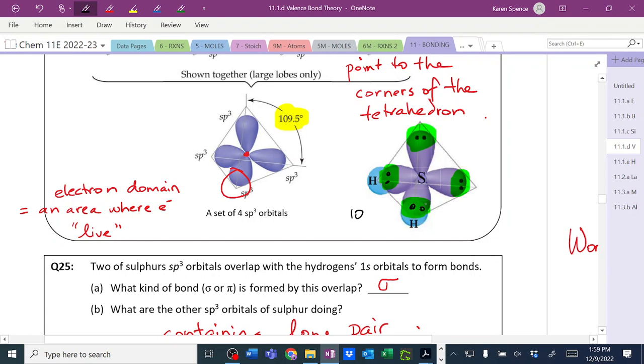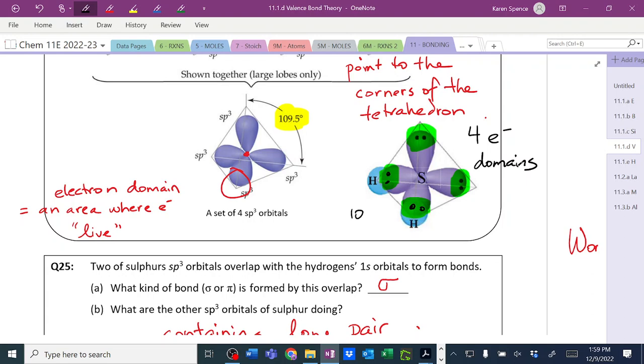So how many areas are there where we have electrons? 4. So we have how many electron domains? 4 electron domains. And anytime you have 4 electron domains, the electron domain shape will be tetrahedral, because that's how you can get all 4 electrons as far from one another as possible.